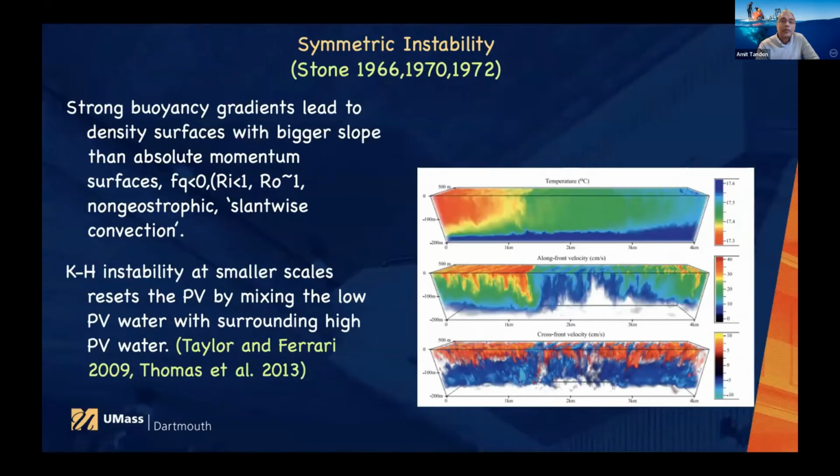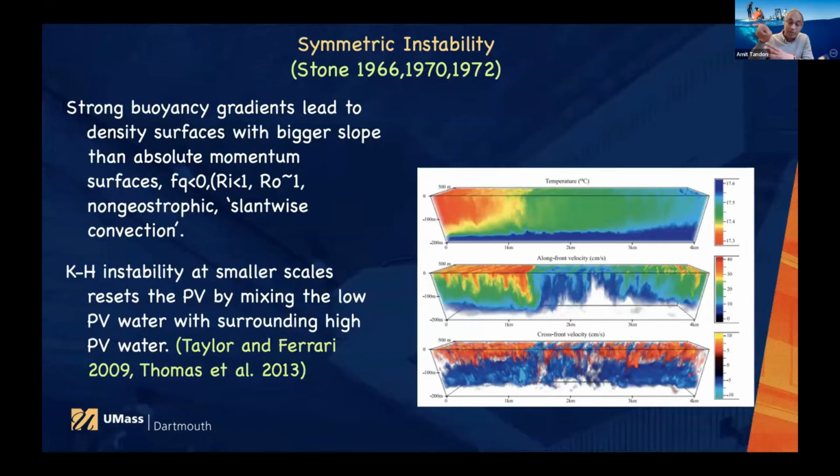Another instability that arises when you're thinking of order 1 Rossby number and order 1 Richardson number is symmetric instability. Without showing you the equations, strong buoyancy gradients can lead to density surfaces with slopes which are near vertical, and a higher slope than the absolute momentum surfaces.